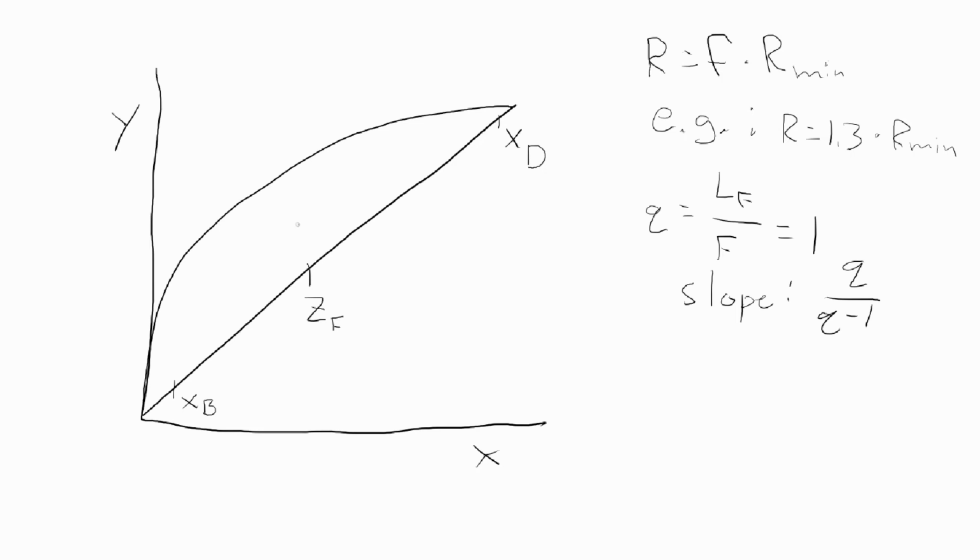In other words, the Q line is going to be a vertical line. So we start at ZF and we draw a vertical line from ZF. We can now draw our minimum reflux ratio operating line. We're going to draw that from the intersection of the equilibrium curve and the Q line to XD.